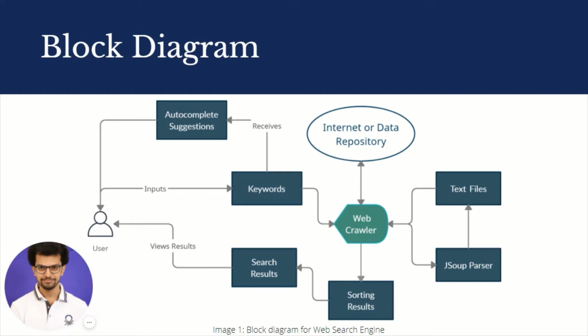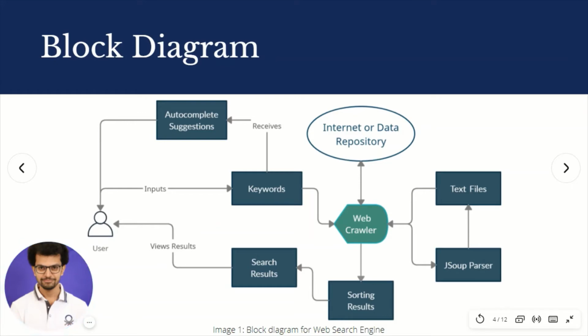After crawling, the parser will convert all the HTML to text files, and after converting them, we will find the number of occurrences of the keywords in each file and sort them in descending order, so that the URLs with the most occurrences are on top. After sorting, those URLs will be visible to the user.